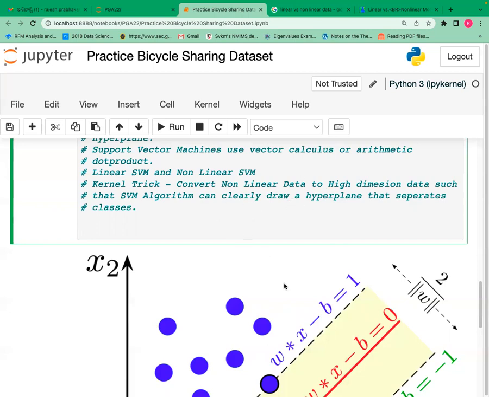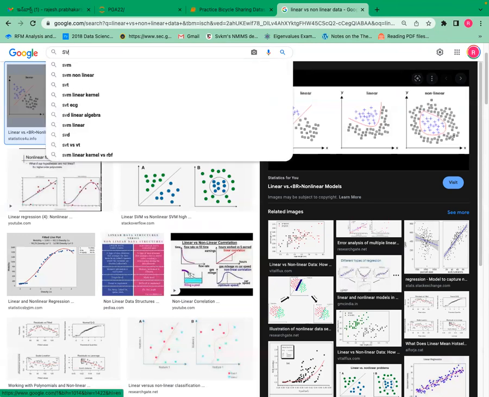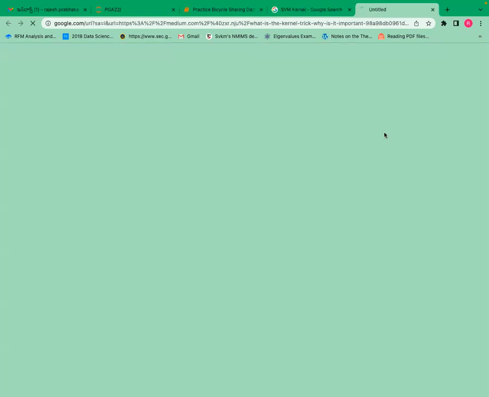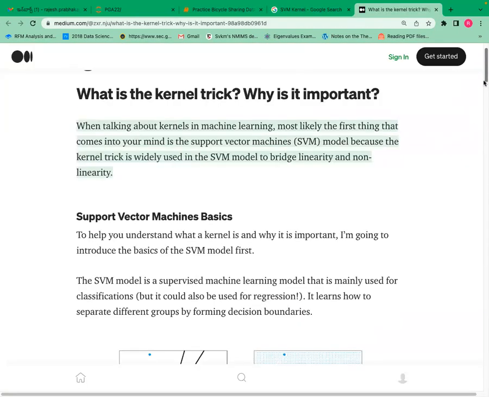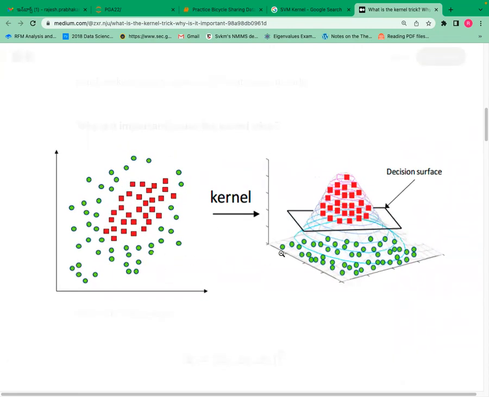So what this kernel will do is, see, once you apply the kernel, it becomes high dimensional data where you can draw a linearly separable decision space. This is your actual non-linear data.